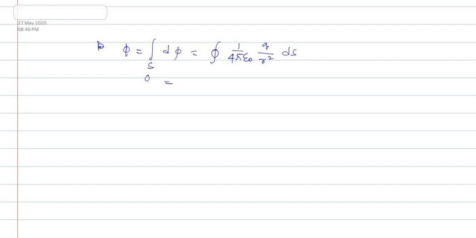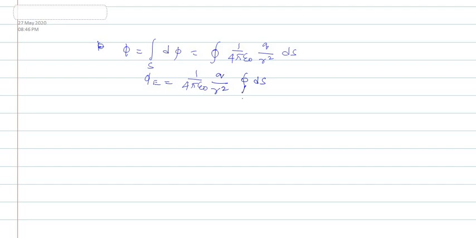So phi e is equal to, 1 by 4 pi epsilon naught is constant, q is also constant, r square is also constant, so they are taken outside, and we have the closed integral of ds.